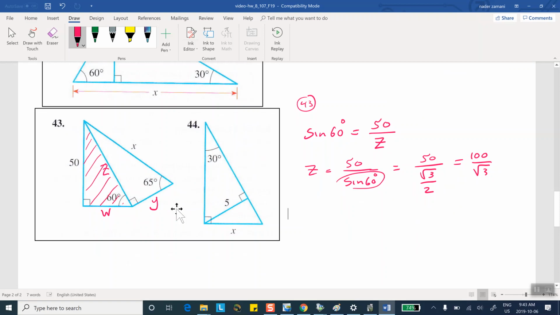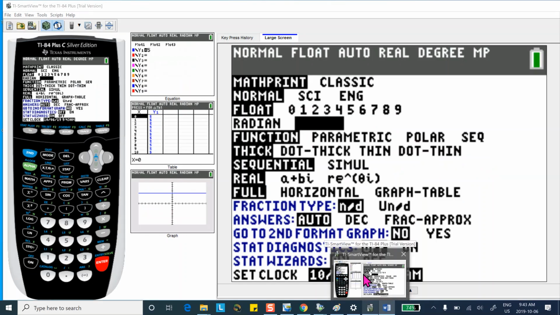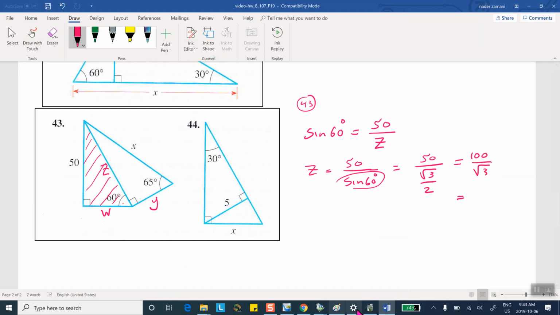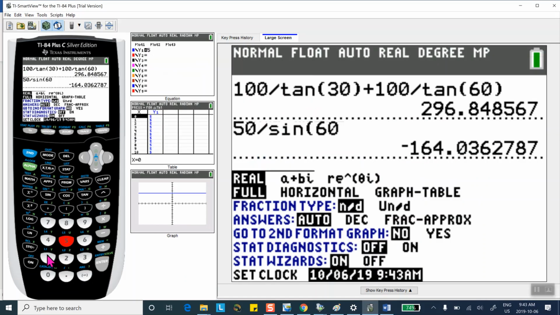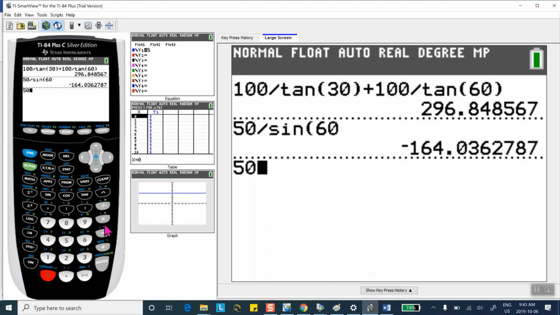Okay, so this thing came out to be, well, we have to type it. Okay, so 50 divided by sine of 60 degrees.